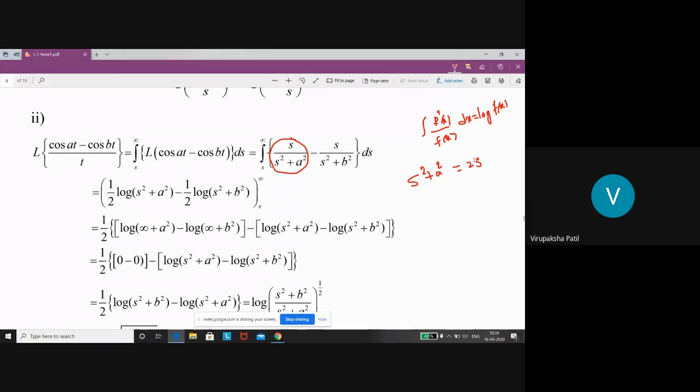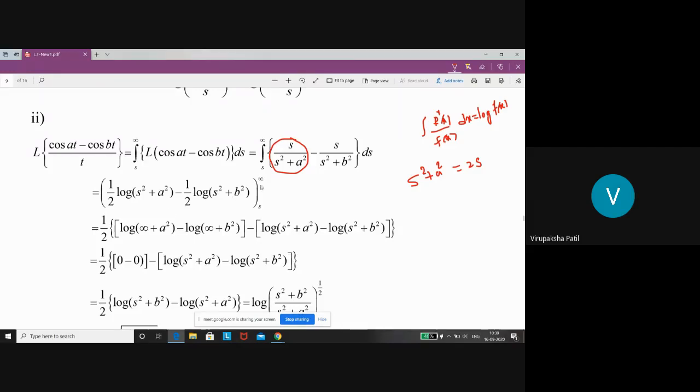So this 2 comes extra, and to balance that, we write 1 by 2 times log of s square plus a square. Likewise, the integration of s divided by s square plus b square becomes 1 by 2 times log of s square plus b square, with limits s to infinity.